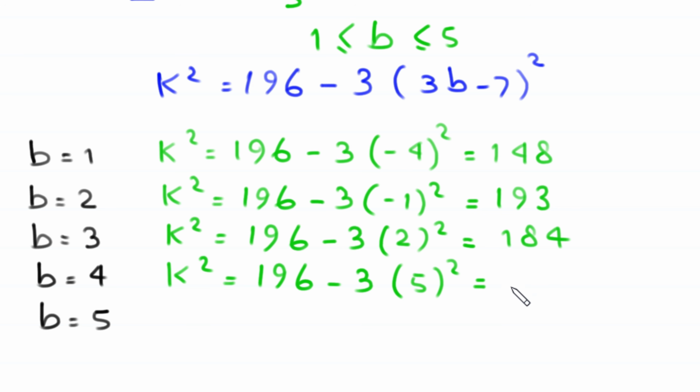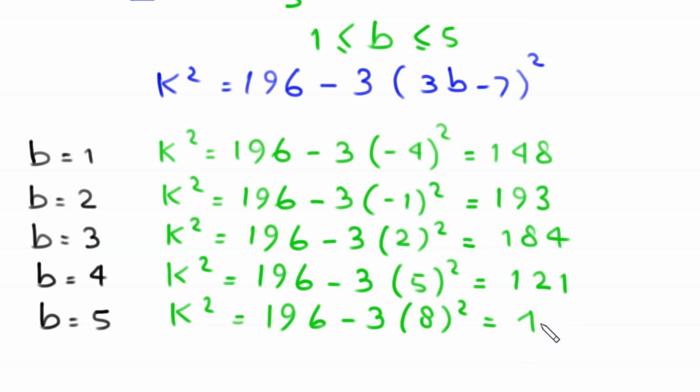196 minus 75 is 121, and when b is 5, then k squared will be equal to 196 minus 3 times (15 minus 7, which is 8) squared, and 8 squared is 64 times negative 3, negative 192. 196 minus 192 is 4.